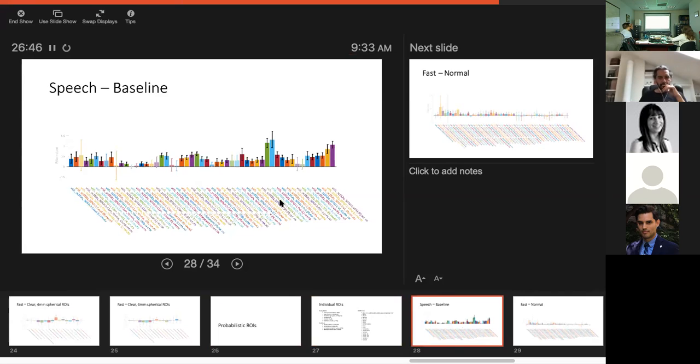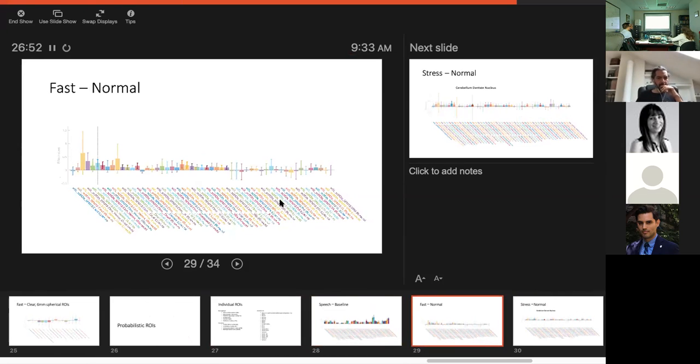So again, speech on baseline, clear areas of activation. Past normal, we have a couple. I should have pulled out the names. We have vermis crus 1, so I take back that we should dump that one. And vermis 10.